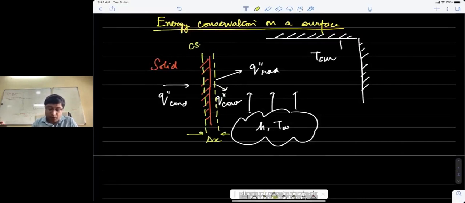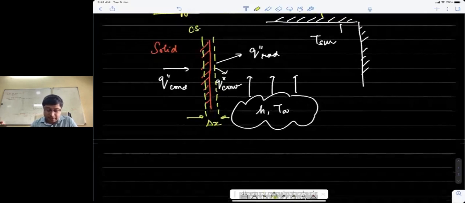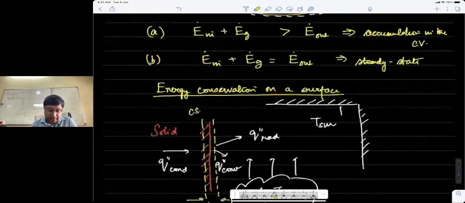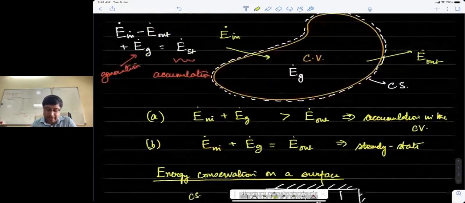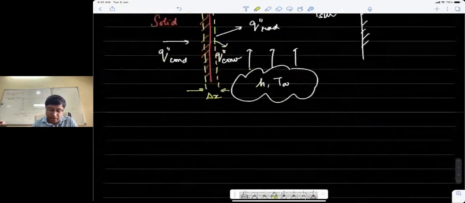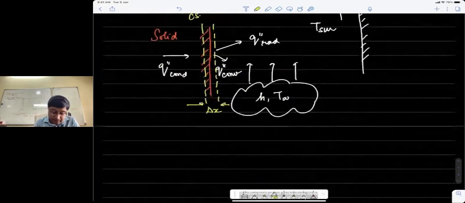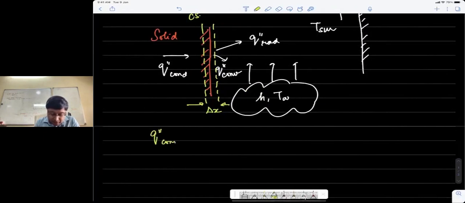So what I know from energy conservation is that if I apply this equation, which is E dot in minus E dot out plus E dot G is E dot ST. Let's say there is no generation here on the surface, or even if it's there, it doesn't matter. So we can say what is coming into this control volume would be q double dash conduction times the area.